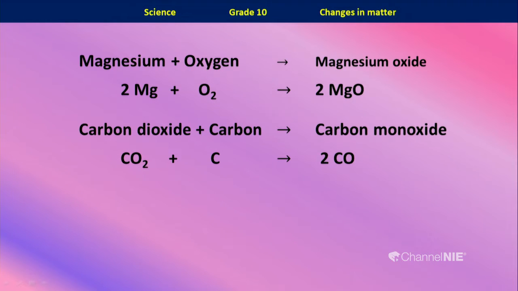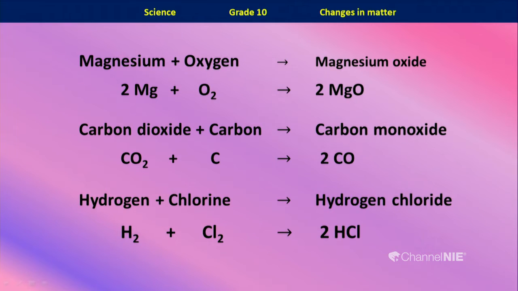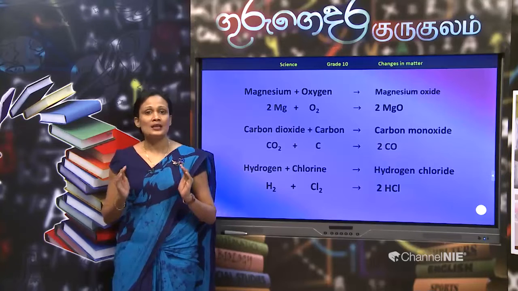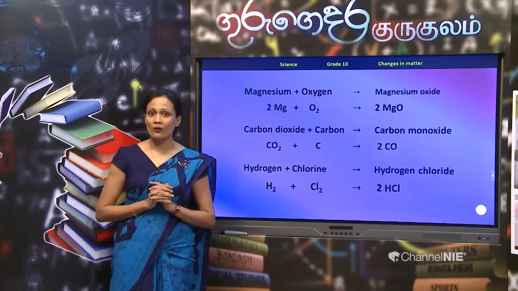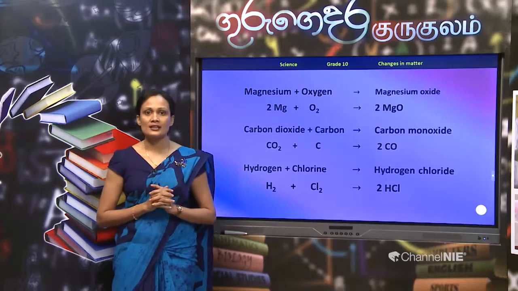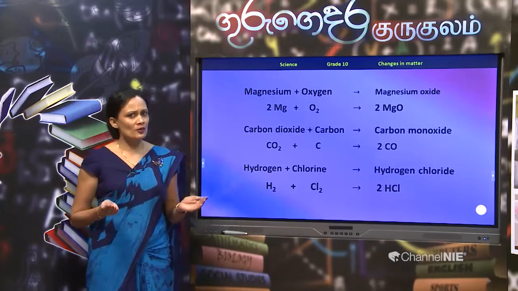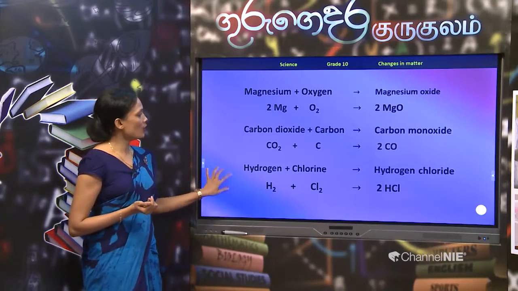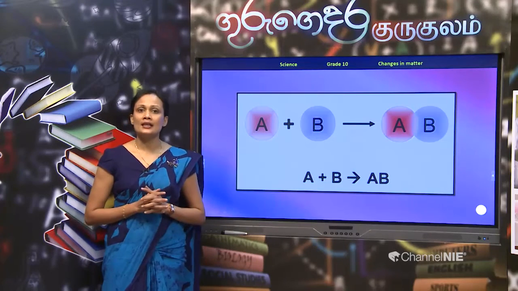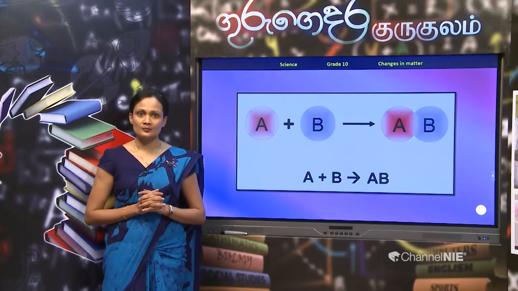So likewise, we can take some other examples. Hydrogen reacts with chlorine and forms hydrogen chloride. So I think it is clear to you. When chemical combination reactions occur, a single product is produced. So now I am going to show you a common formula for the chemical combination reactions.